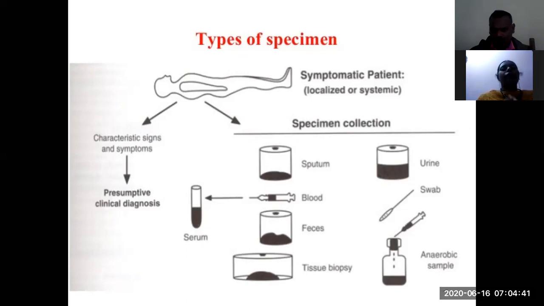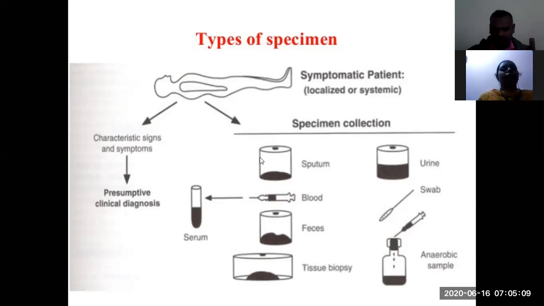Then swab. For example, if we have an infection in the tongue or in the eye, they will take a swab specimen. Then some anaerobic samples, meaning collecting liquid from the brain or from the spinal cord.